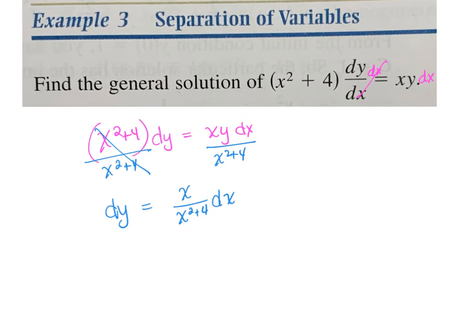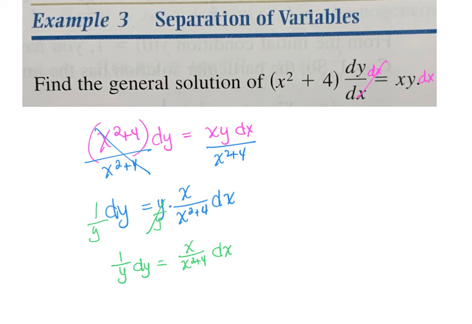And this is being multiplied by this y, right? Just putting it there so you can see it. So then I have to divide both sides by y. There is a 1 here, so I have 1 over y dy equals x over x squared plus 4 dx, all right?